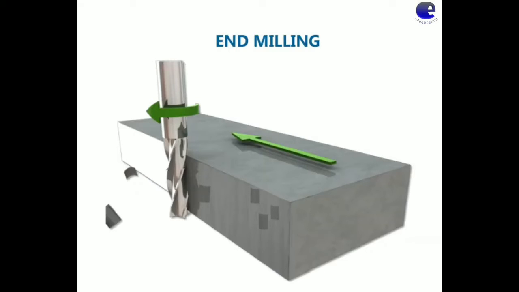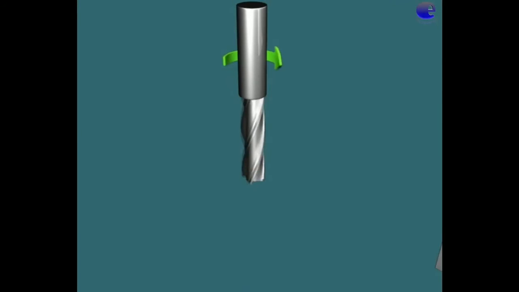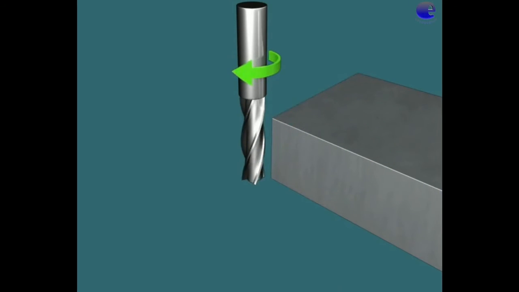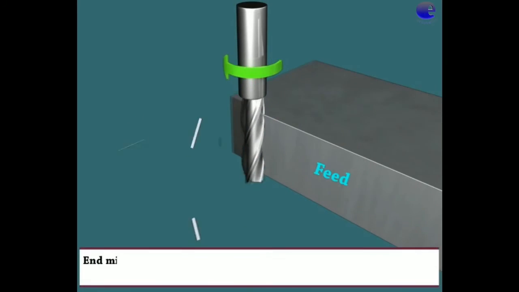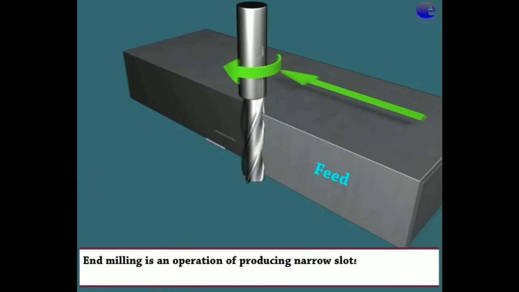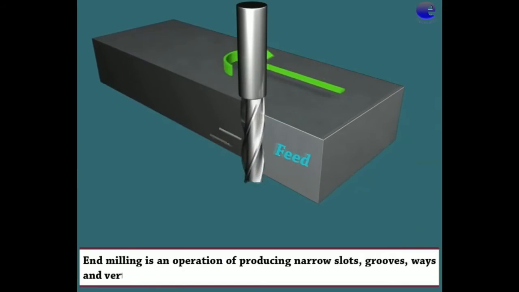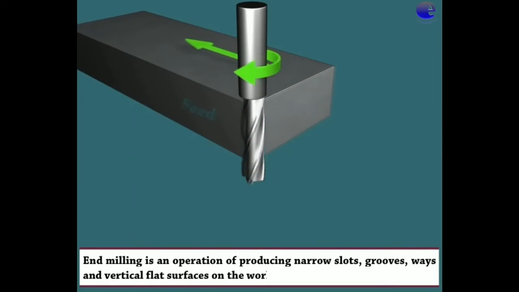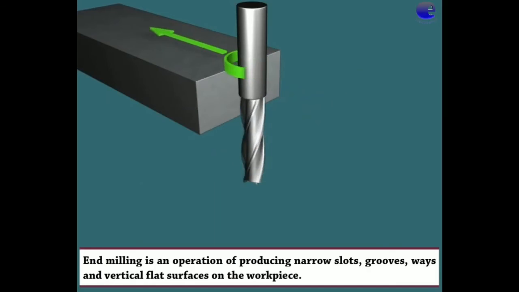Next we have end milling operation and cutter. In this cutting operation, an end milling cutter is used to finish the sides of the job. As you see in the video, end milling is an operation of producing narrow slots, grooves, keyways and vertical flat surfaces on the workpiece.